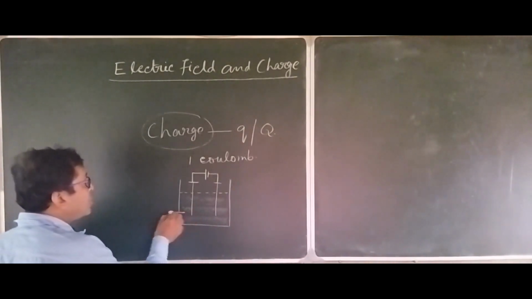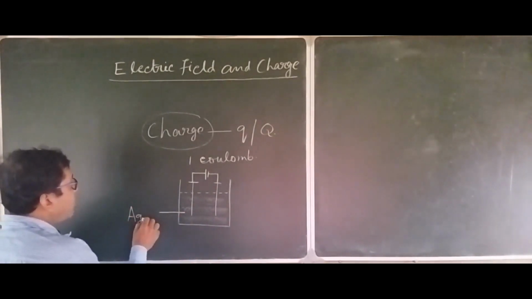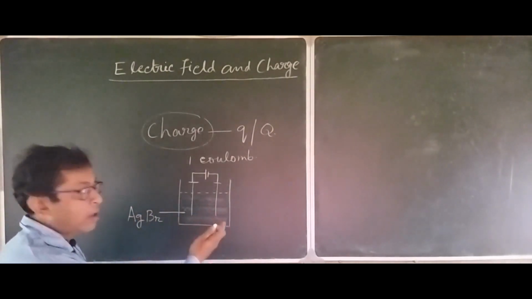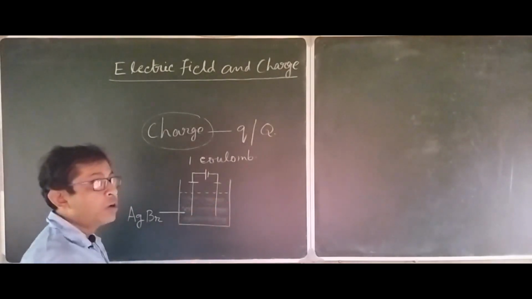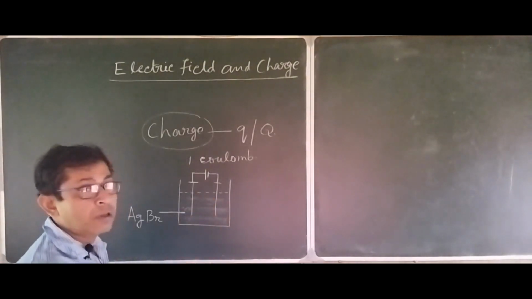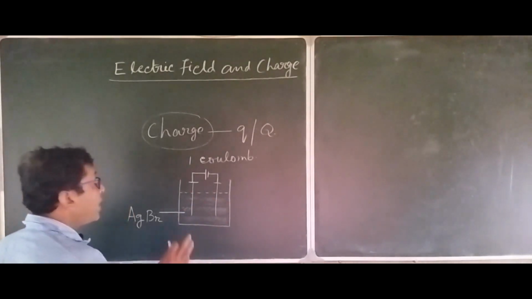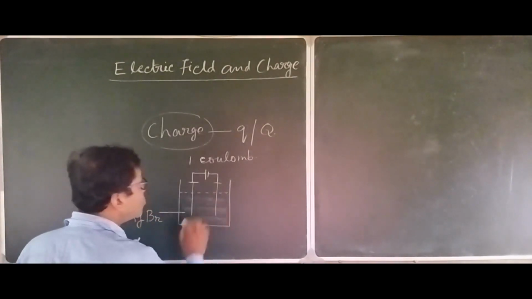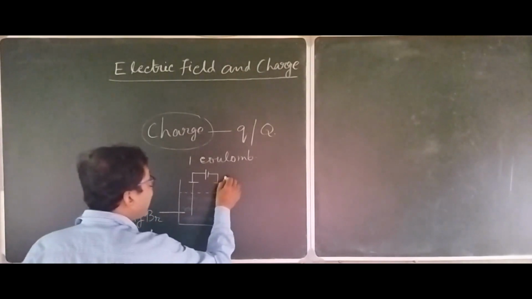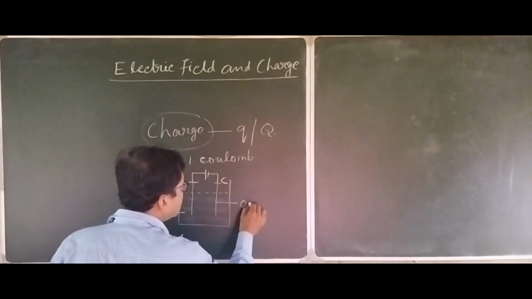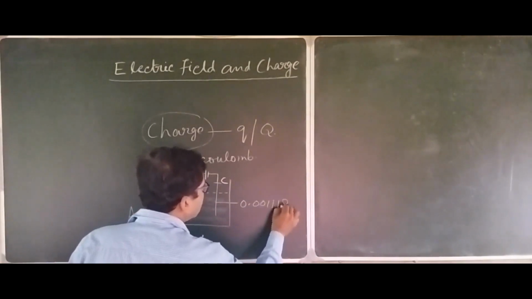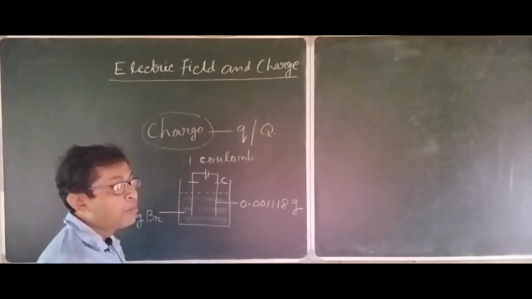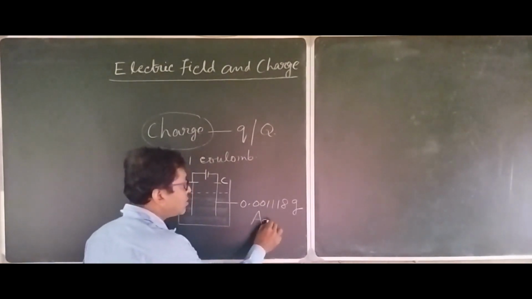Now, if we take silver chloride or silver bromide solution, an aqueous solution of silver bromide, as this liquid which is called electrolyte, and the current is passed, then the amount of charge that flows through the solution, at the cathode, this amount, 0.001118 gram of silver gets deposited.